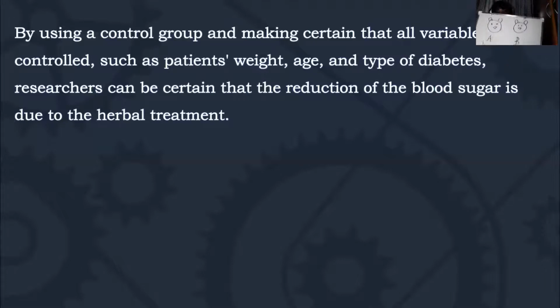So in short, the food supplements and the berries that you have given to both hamsters are the independent variable because they can be manipulated.